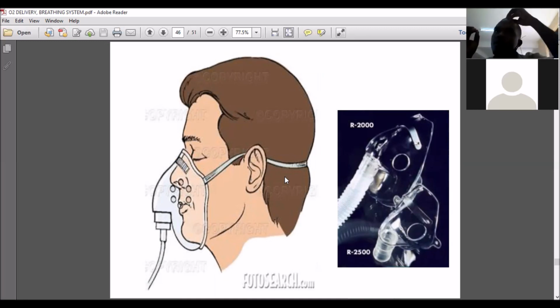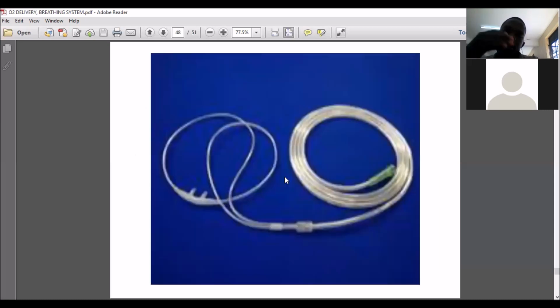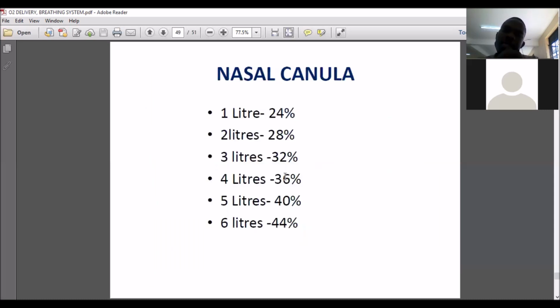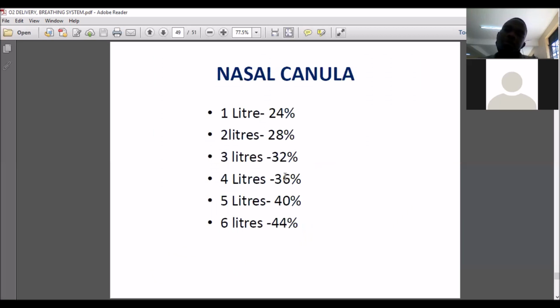Non-rebreathable, it is open, part goes to the bag, but you've closed it, you don't breathe it again. A simple, you just put it directly, no bag on it. Low flow device, so they are different. Then we have the nozzle prongs. The nozzle prongs and nozzle cannula.